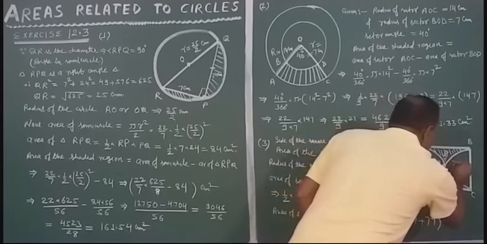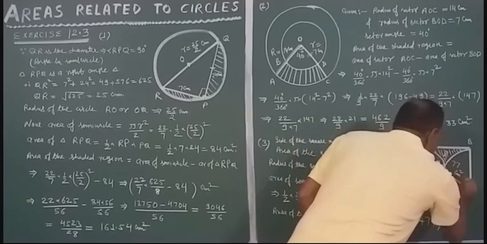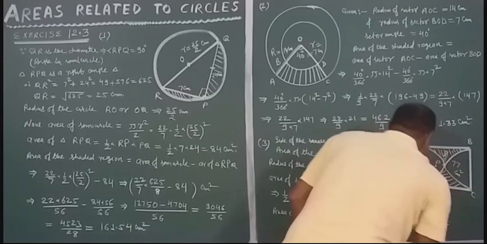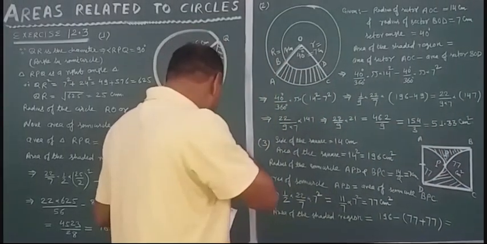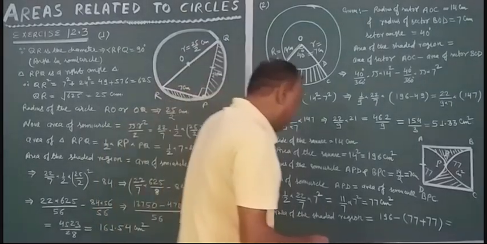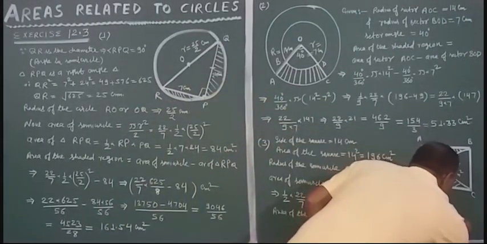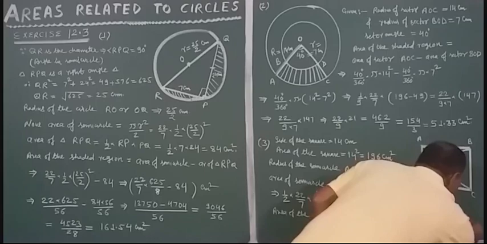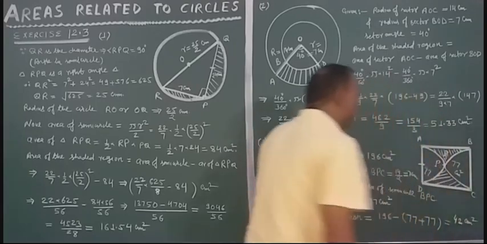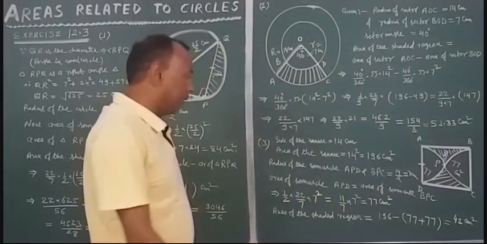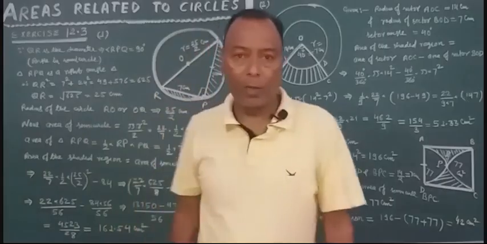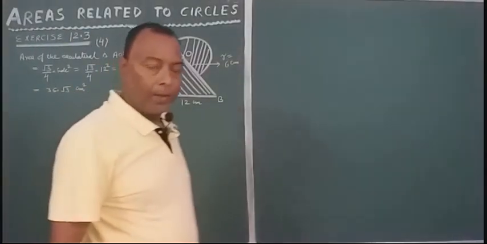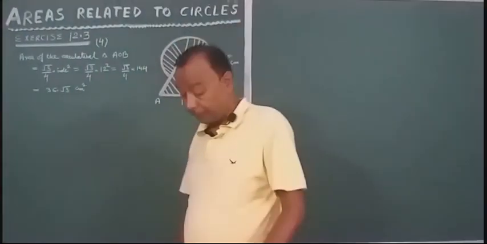So now just add them. 196 minus 154, you will get how much? Simply 42 centimeter square. So what will be the area of this shaded region? That will be 42 centimeter square. Is it okay?